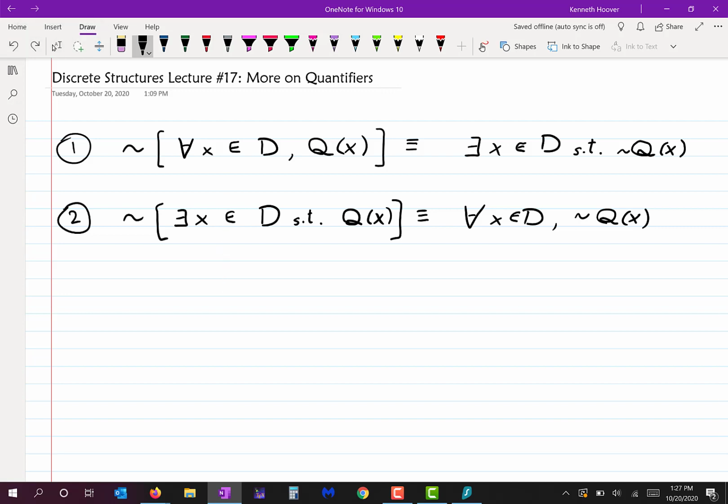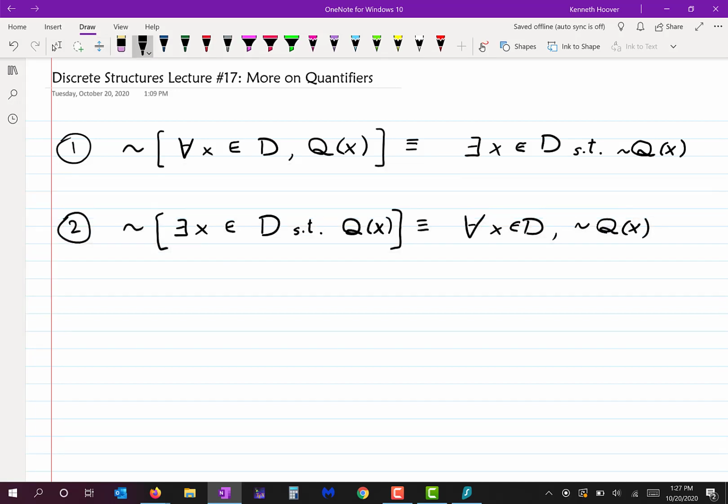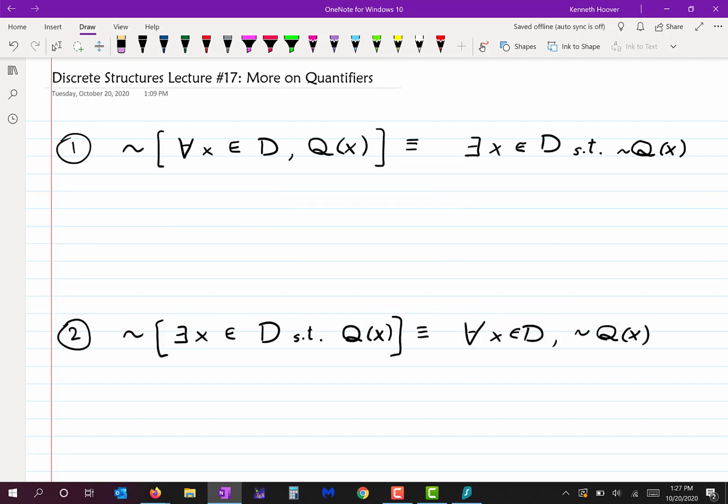This is really a subset of number 1. Let me write a universal conditional statement. For all x in D, P of x implies Q of x.